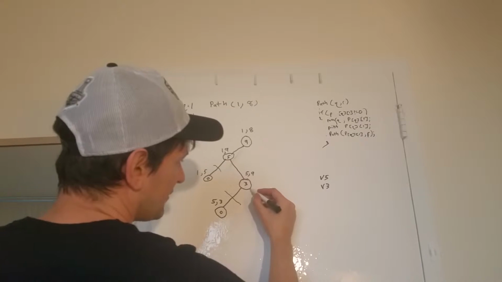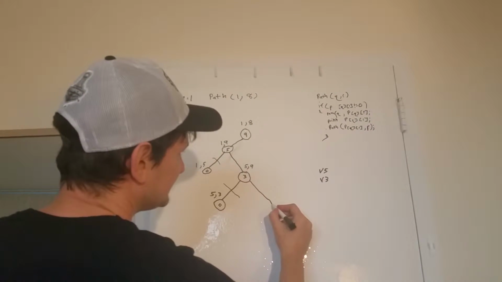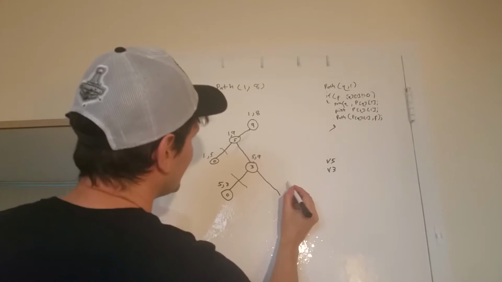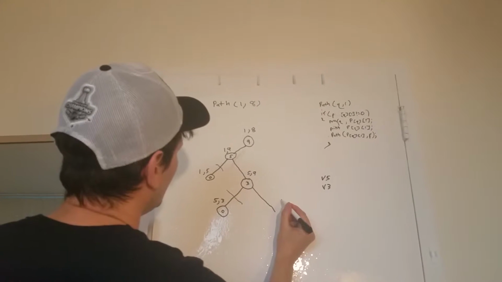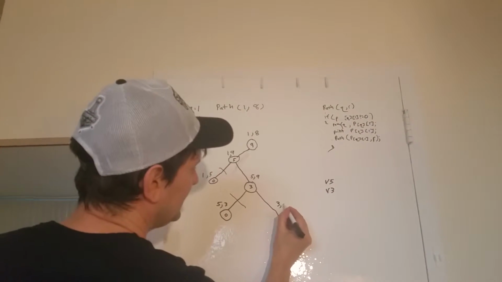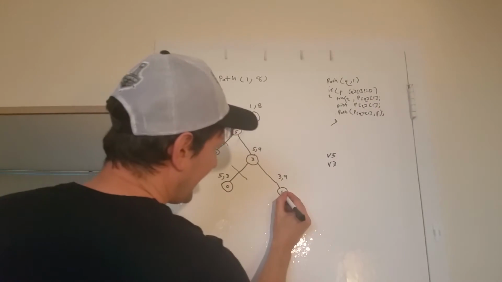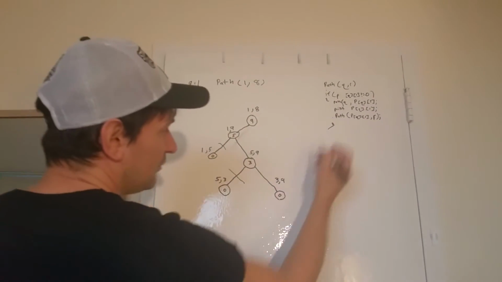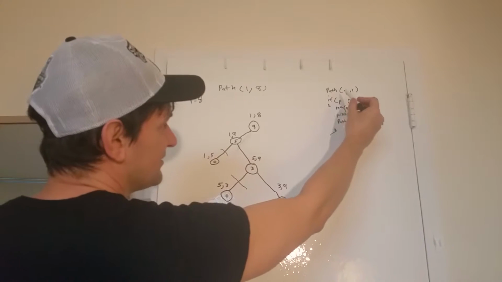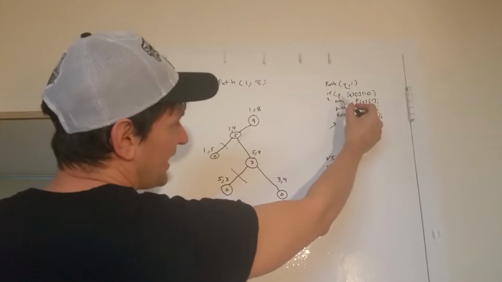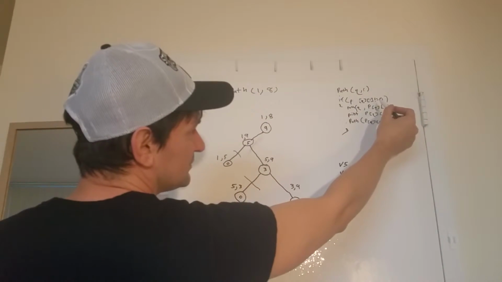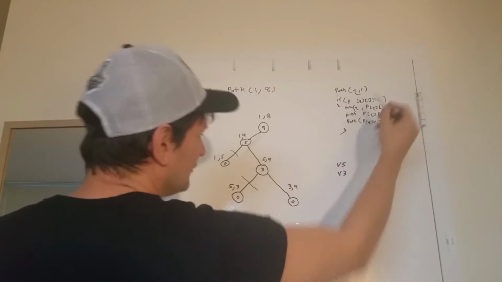I will do another right line to signify that second recursion, and here I'm going to have the value of 3, 9. So I'm going to look to 3, 9. I get the value of 0, and I know if I'm calling path 3, 9, if path 3, 9 is not equal to 0, well, it is equal to 0. I don't do any of that.